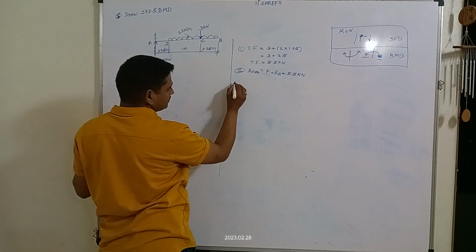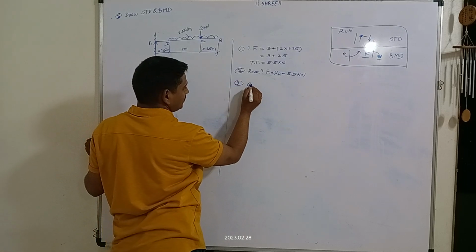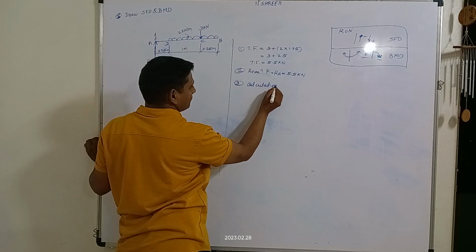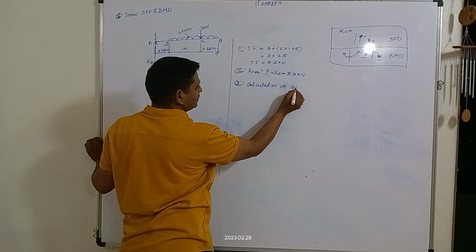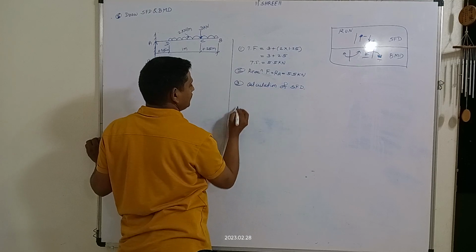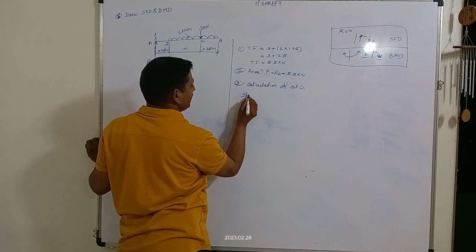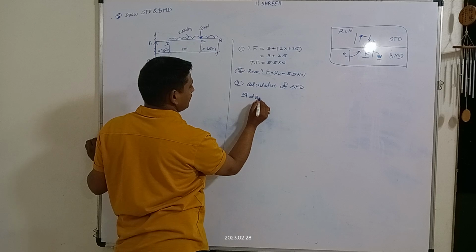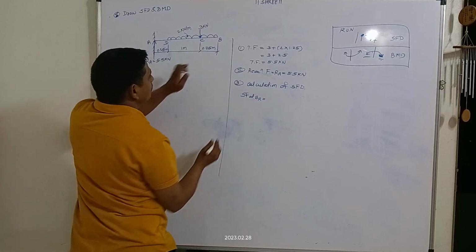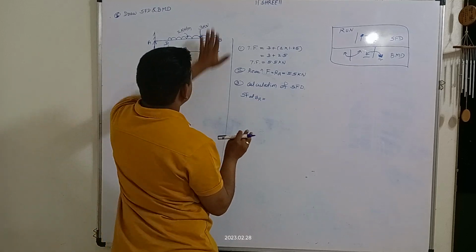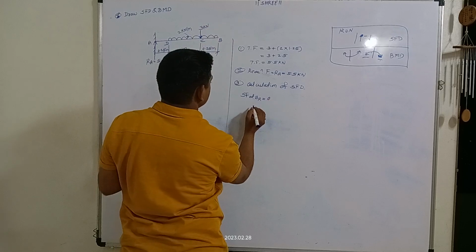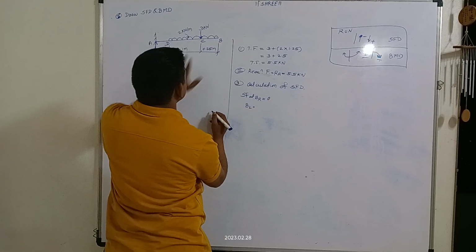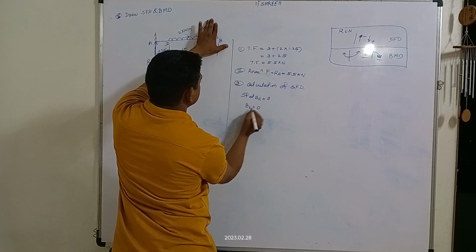Third step is calculation of the shear force diagram. Shear force at B right is equal to 0. Shear force at B left is also 0.